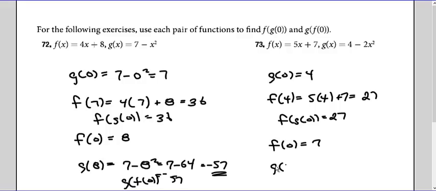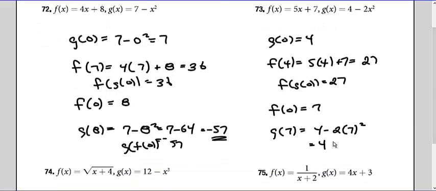And then we do g of 7, which is 4 minus 2 times 7 squared. 7 squared is 49, so 2 times 49 is 98, so you get negative 94. Okay, so that's it. g of f of 0 is negative 94.